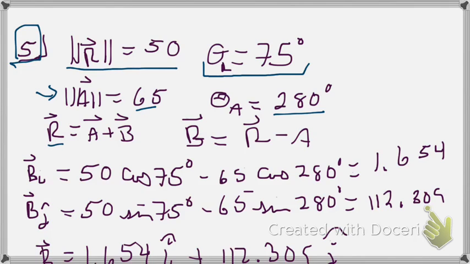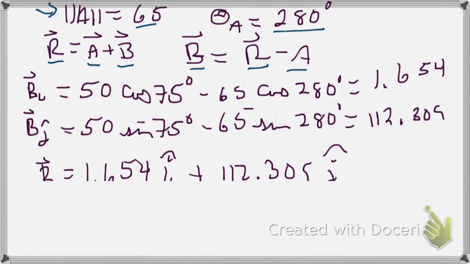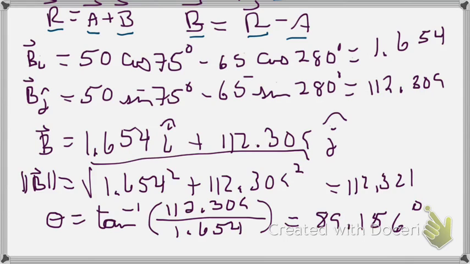Well, we know that if the resultant is A plus B, then B must equal the resultant minus A. So to find the I component, we take 50 times the cosine of 75, that's the I component of the resultant, and subtract out 65 cosine 280. That's the I component of the A vector, and that gives us 1.654.